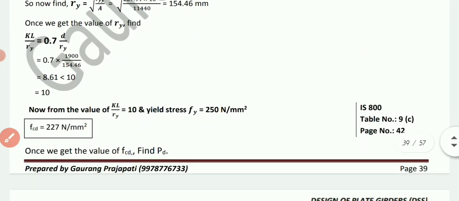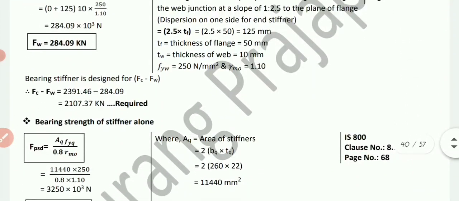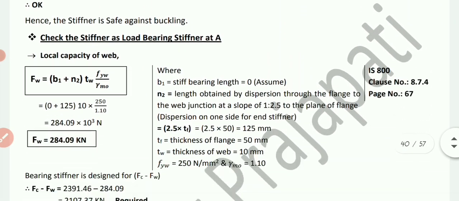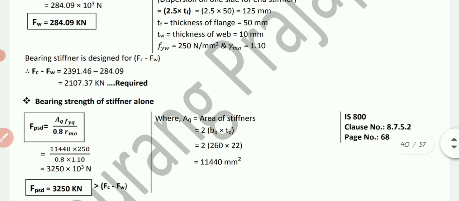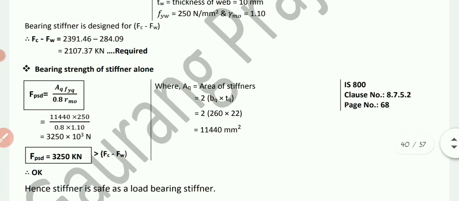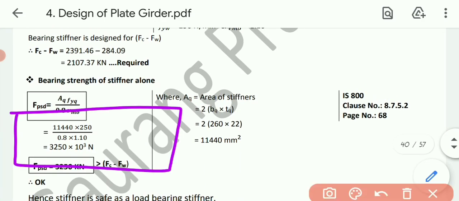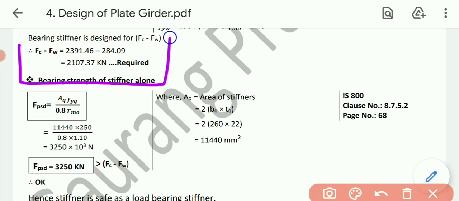Okay, so 2391.46 and FW that is 284.09. So ultimately our requirement criterion is 2107.37 kilonewton. So the stiffener which we have provided needs to resist this much, our final force.